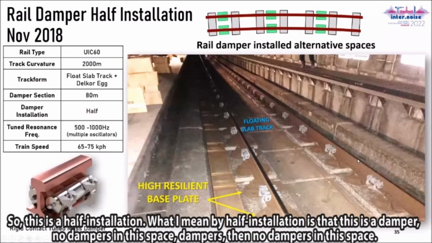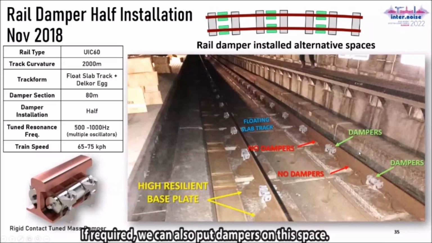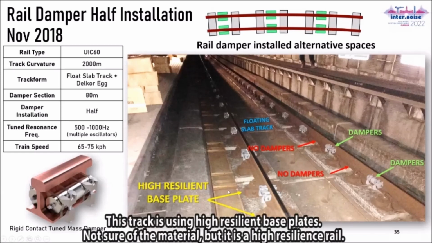So this is a half installation. What I mean by half installation is there is a damper at this space, no damper in this space. If required, we can also put a damper on this space. This track is using a high resilient base plate. Not sure, it's some kind of very highly resilient track.